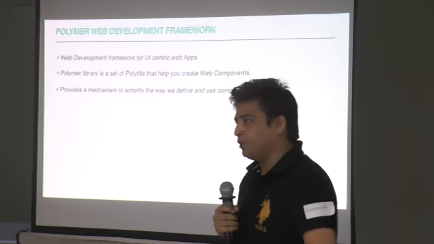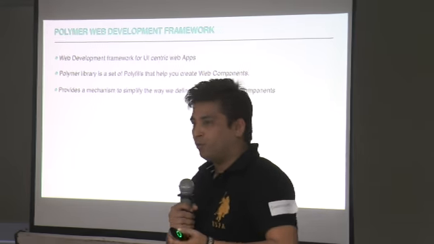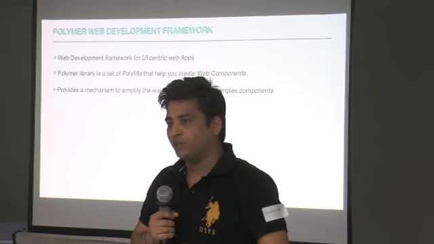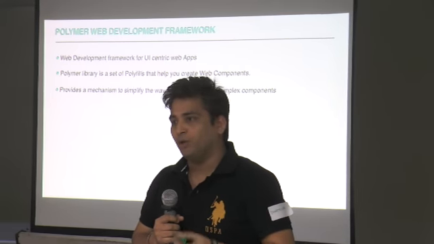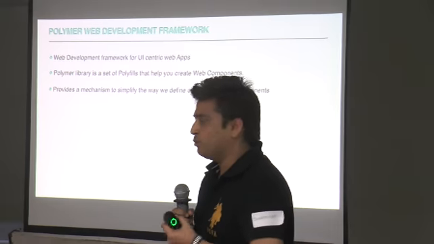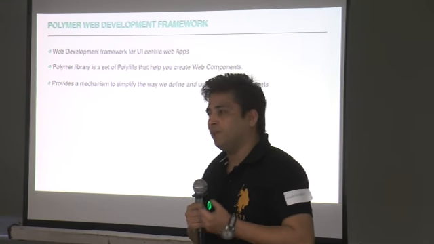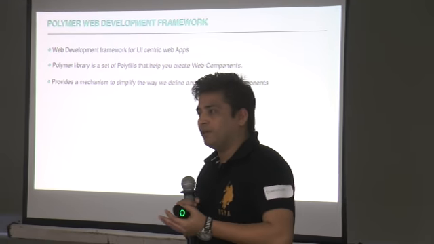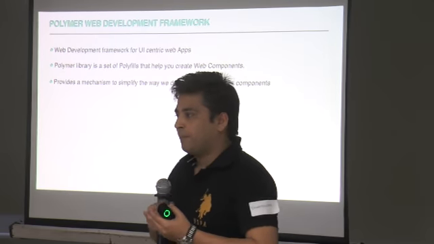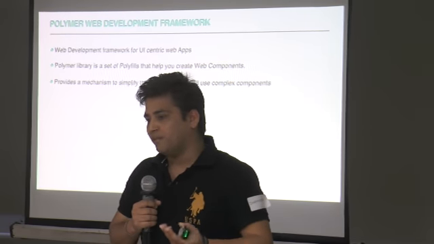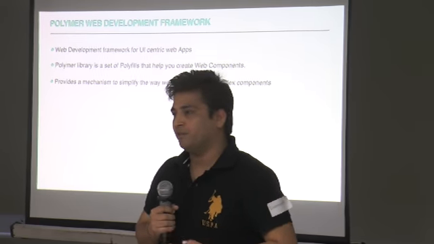The next is that this framework provides polyfills, which are very specific to the DOM. If you ask me what polyfills are, they are nothing but a plugin, you can say, or a hack which provides DOM manipulations and JavaScript manipulations for your DOM for a specific browser.